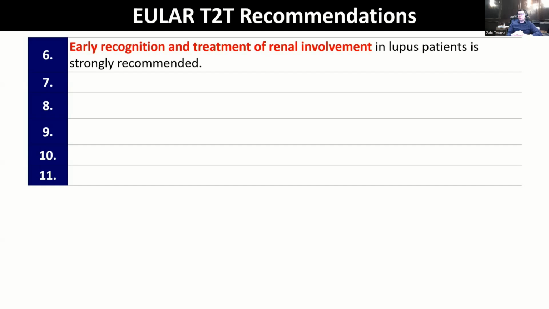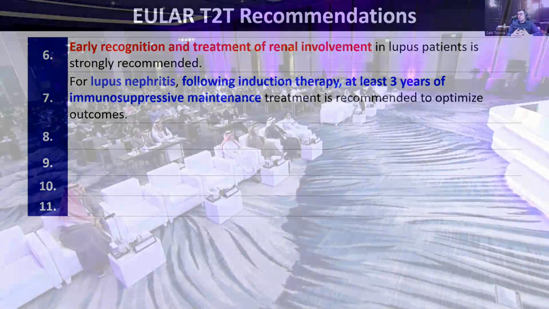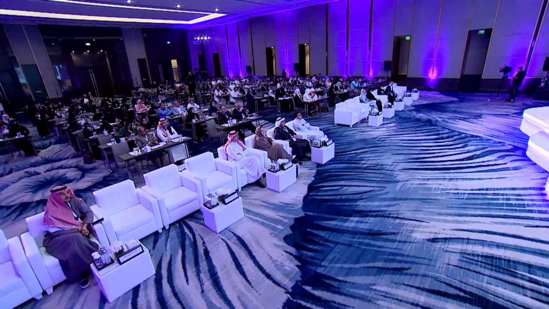And we know certain organs are more difficult to diagnose at this level, particularly when we talk about CNS lupus. For lupus nephritis, following induction therapy, at least 3 years of immunosuppressive maintenance should be continued. And I would say in some patients, we know already that it should be even beyond 3 years.